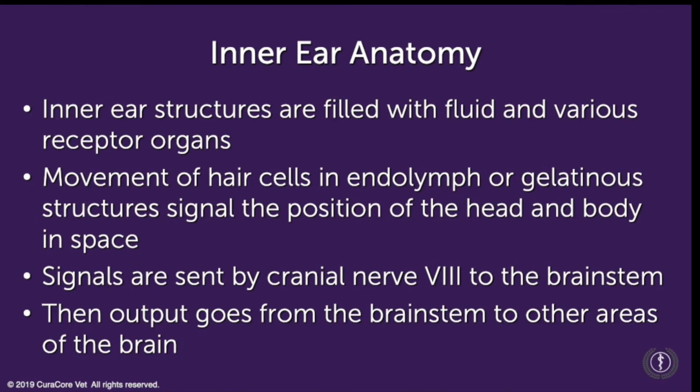And what happens is there's then movement of the hair cells when there's changes in head position that stimulate these receptors that send messages to the brain. And the signals are sent by way of the vestibulocochlear nerve, cranial nerve 8, and then output goes from the brainstem to other parts of the brain and other parts of the body.